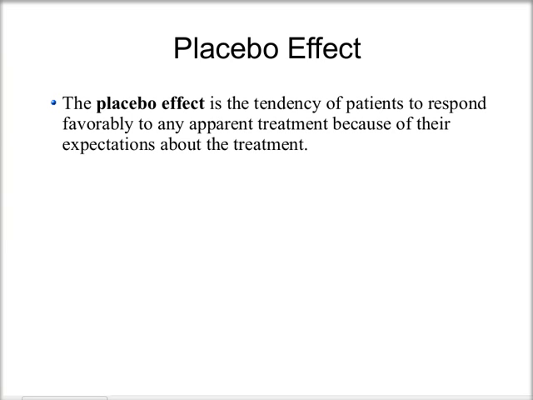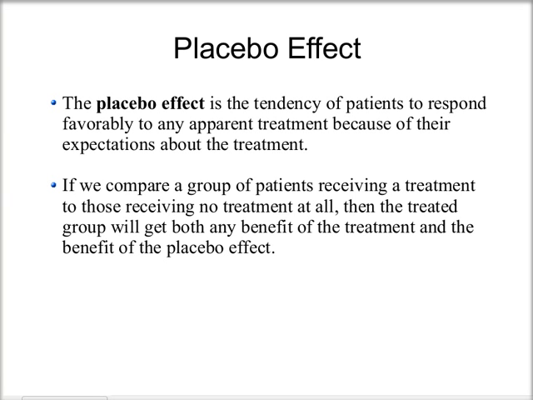One thing that we have to look out for in experiments is called the placebo effect. And the placebo effect is the tendency of patients to respond favorably to any apparent treatment because of their expectations about the treatment.